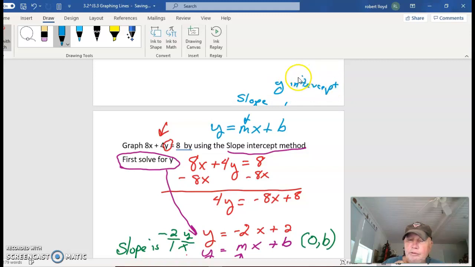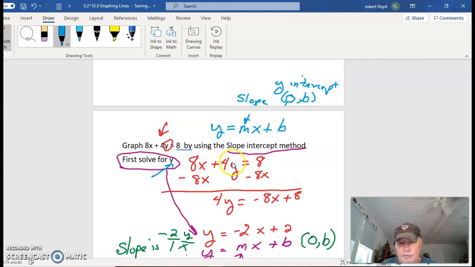That means where the line will cross the y-axis, but it's always 0 for the x and some number for the y. So first thing we have to do is to solve this equation for y.